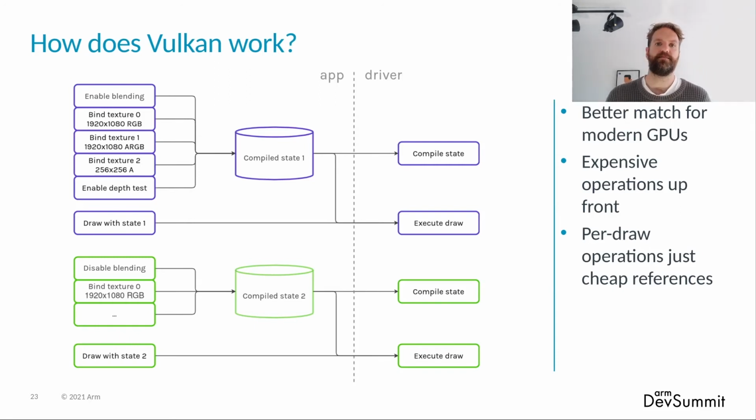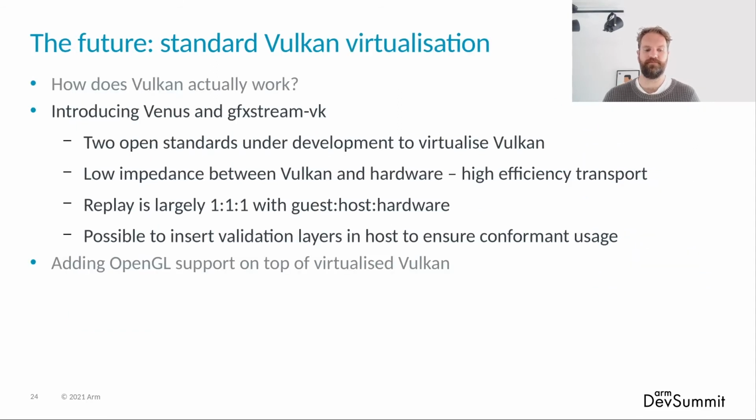And the app explicitly builds and compiles these state and then just references them later on. So there's an upfront cost in doing this compilation, but when you've done that, it's very, very straight line. You request a draw, you reference the state that you built and compiled earlier, and that's it. And it's a very direct mapping to what we have with GPUs.